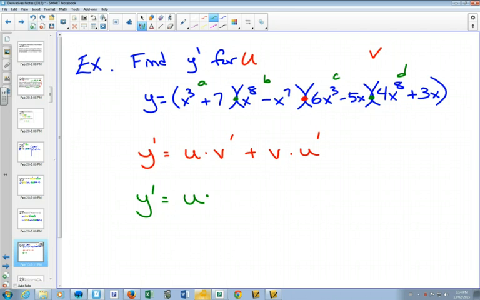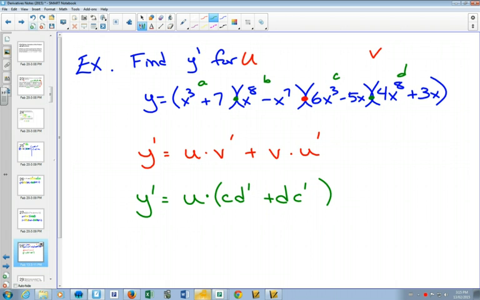How do we do a product? We keep the first one the same times the derivative of the second one, plus keep the second one the same times the derivative of the first one. Does that make sense? If we were just looking at a little function, it has another product rule embedded in it.